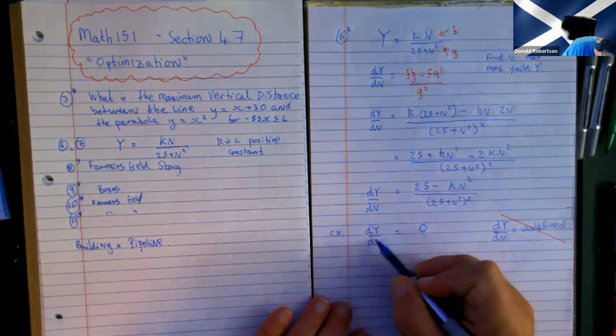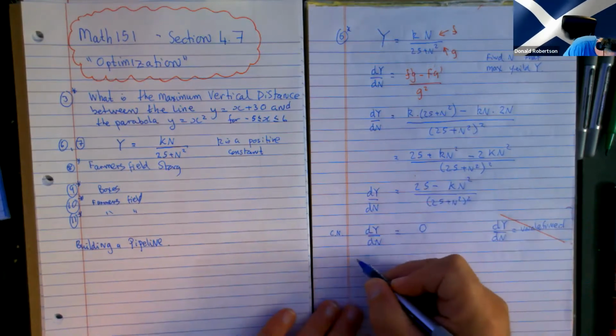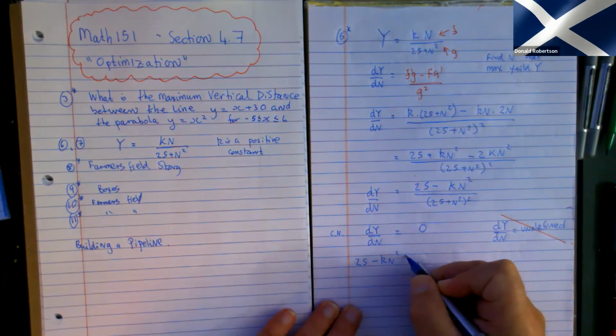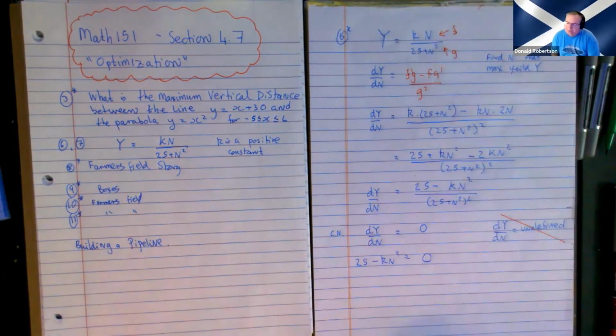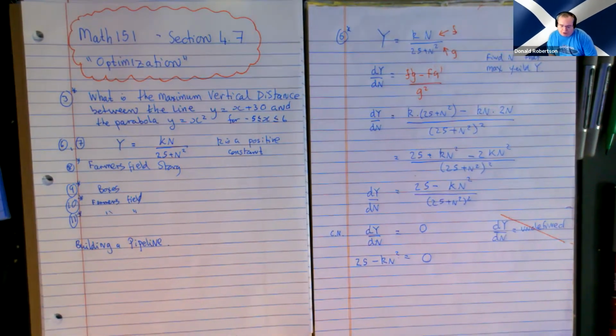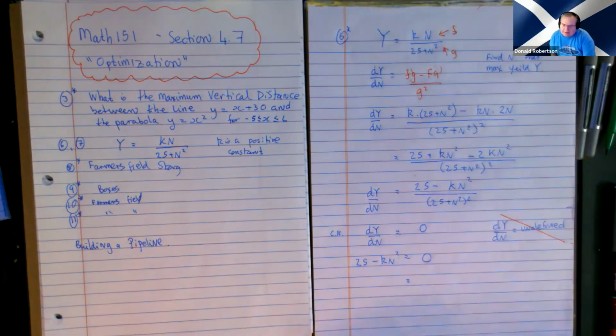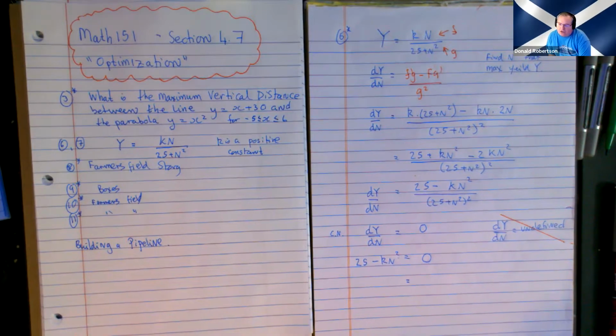If you want a derivative to be equal to 0 and it's a fraction, then you only need to focus on what makes the top 0. I don't care what the bottom is, it won't matter. Okay, I need to solve for n here. As long as you do it to both sides, it's okay. So what would you like me to do to both sides to solve for n?